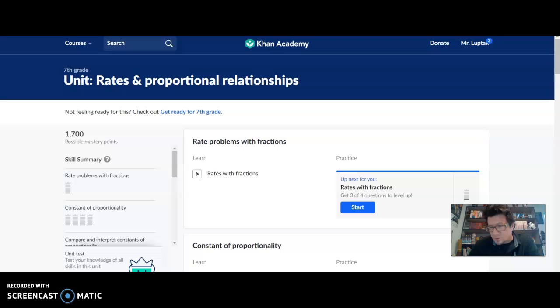So that would be a proportional relationship because you could very easily turn 1/4 into 2/8 by just cutting another piece. But I want to show you a little bit more.